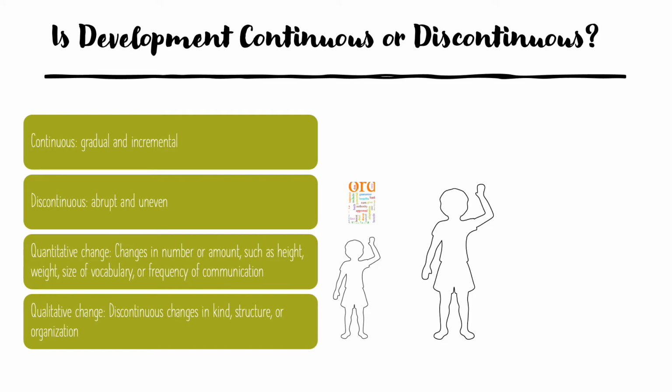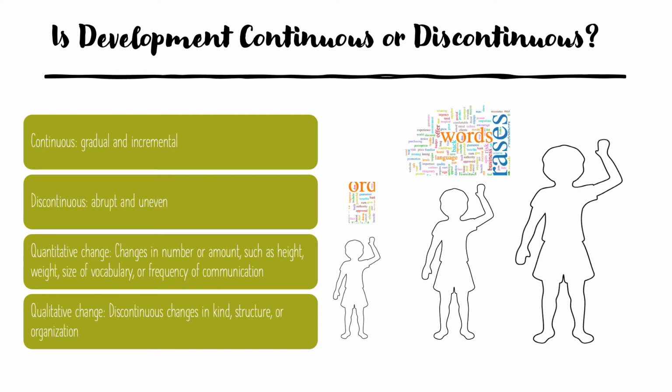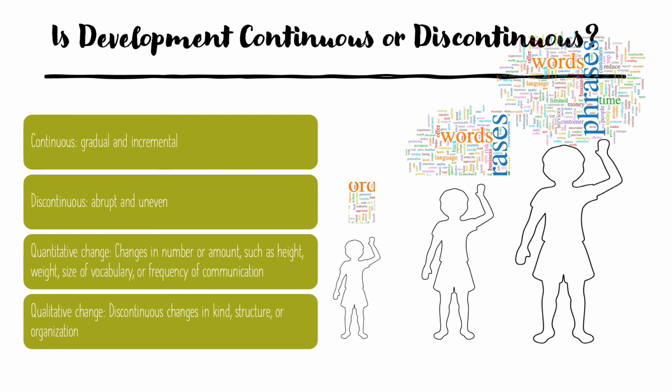Your body grows in height, and your vocabulary grows. As you get bigger, you have more words. As you get older, you get bigger, and still yet more words. So, taller, you weigh more, and you have bigger vocabularies.